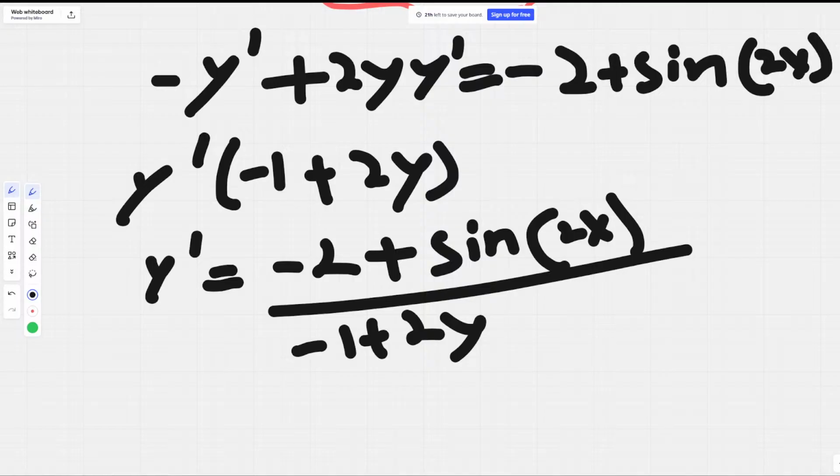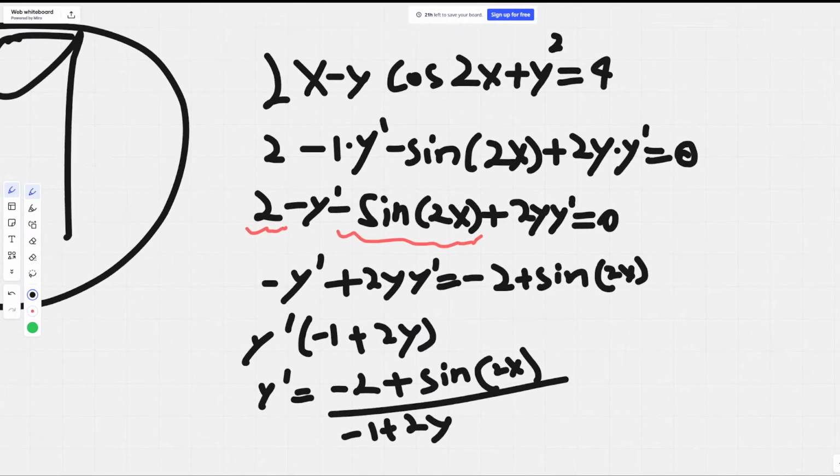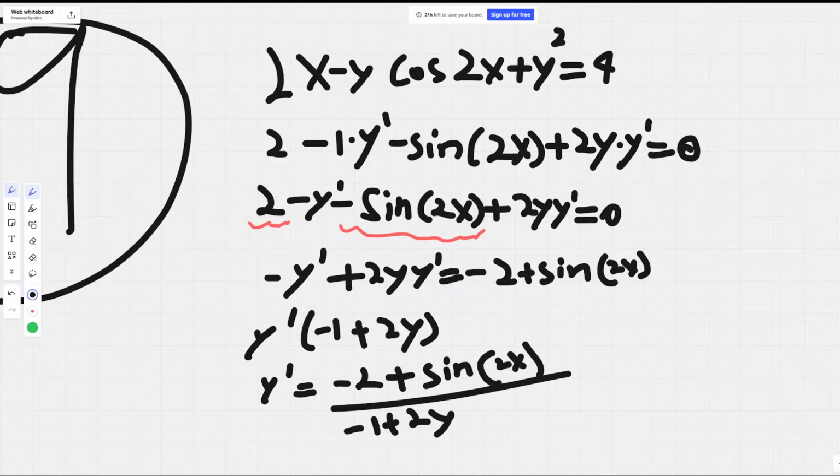This is 19. And 19 is right here. Y prime minus sine 2x plus 2y. 2 minus y prime, 2x plus 2y, y prime.